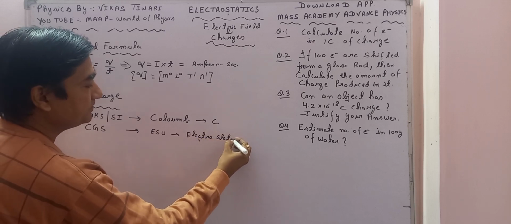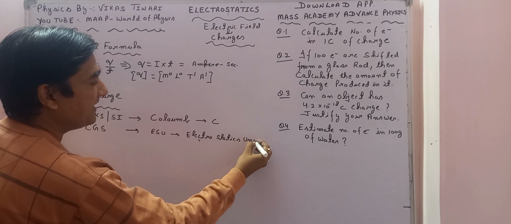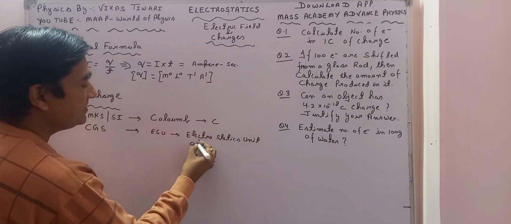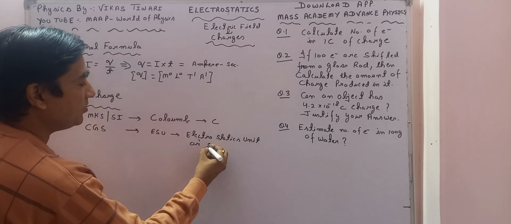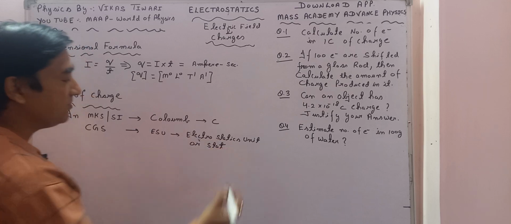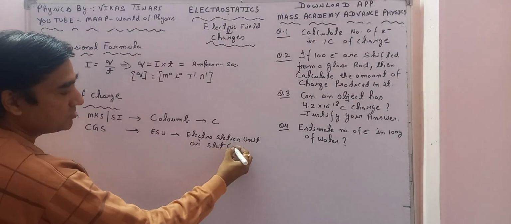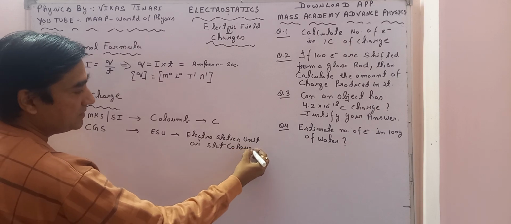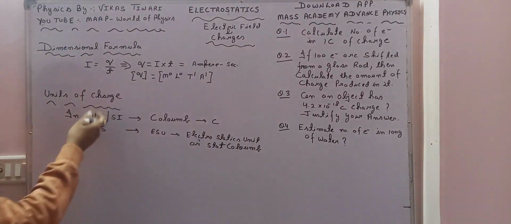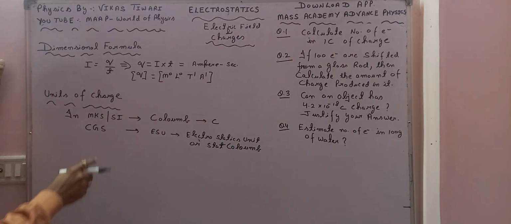It can also be termed as statcoulomb. These are the two units of charge in the MKS system and in the CGS system.